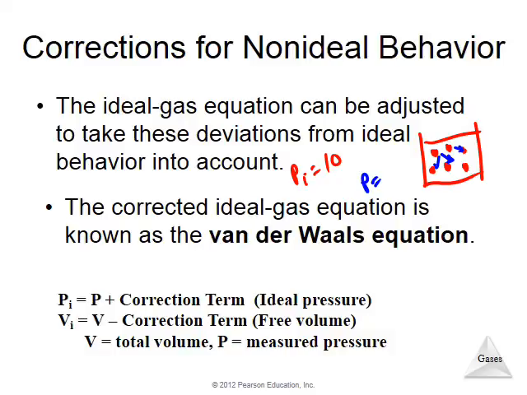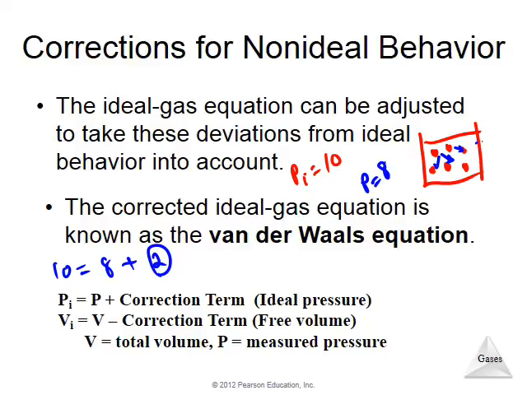So they cannot freely go to the surface of the container and collide to exert pressure on the container. So let's assume that the pressure that you measure here is 8. Basically, what I'm saying is, in this bottom expression, 10 equals 8. In order to set them equal, I must add a correction term. In our example, the correction term is 2.